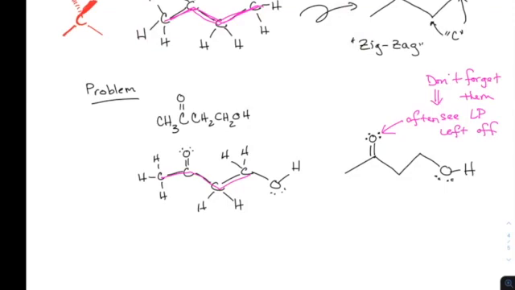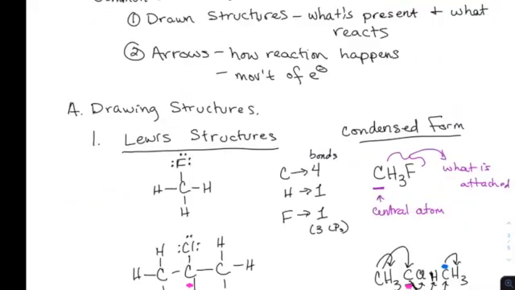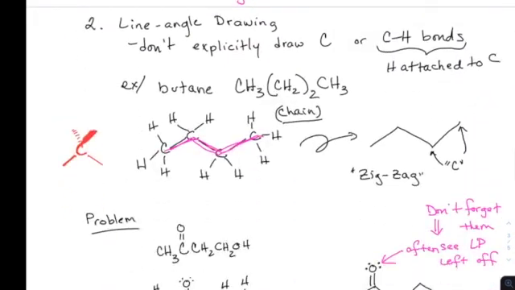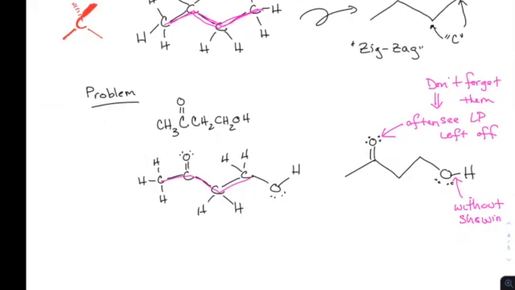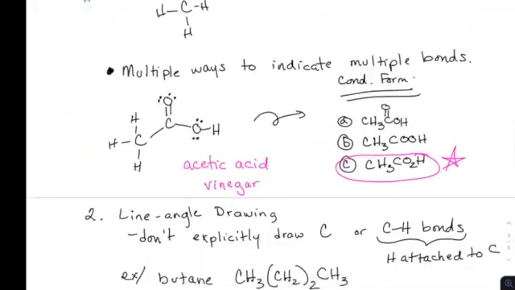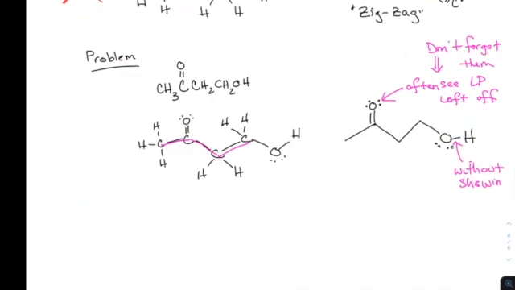You may also draw this by not explicitly drawing out the OH bond, and this is what I think Sadie asked earlier. You can draw this without showing the bond.